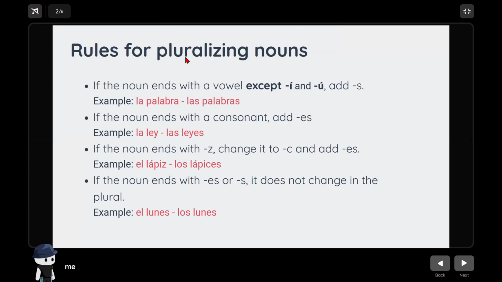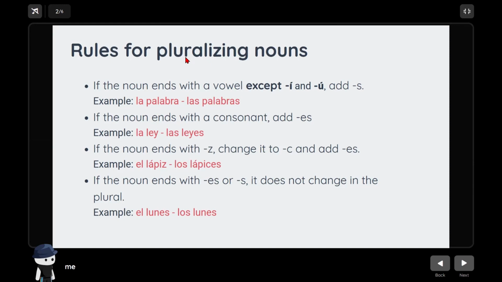If the noun ends with a vowel, except the I with the accent mark and the U with an accent mark. This is a strange rule, but don't pay too much attention to it. Don't read into it too much. Most of the time, if it has a vowel at the end, you usually add an S. So with this rule, we add an S to make it plural.